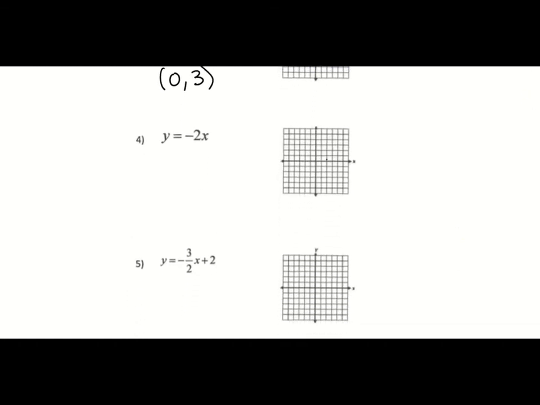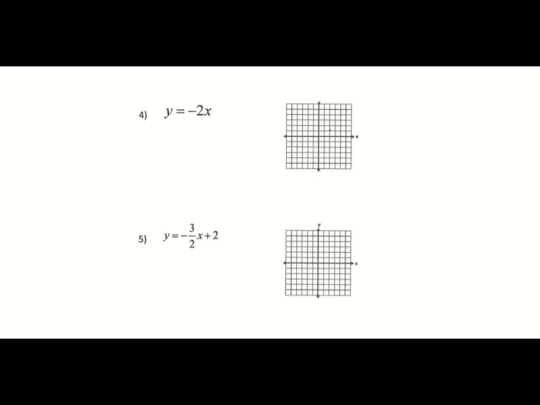Okay, number 4. Solve for y. Y is already by itself, so I'm looking for my slope and my y-intercept. Now my slope is the number that goes with x, so that would be -2, and I want to write it as a fraction, rise over run, so that would be -2 over 1.